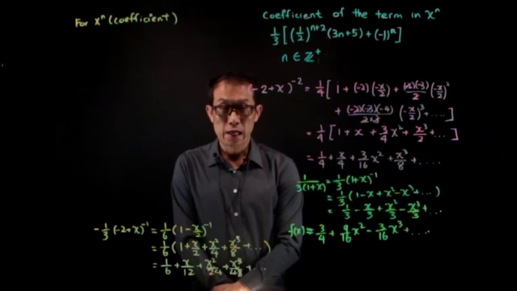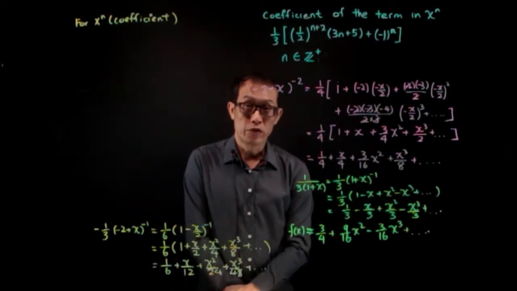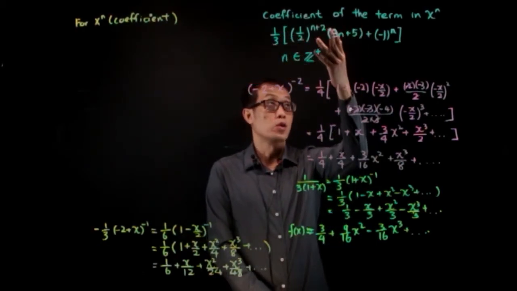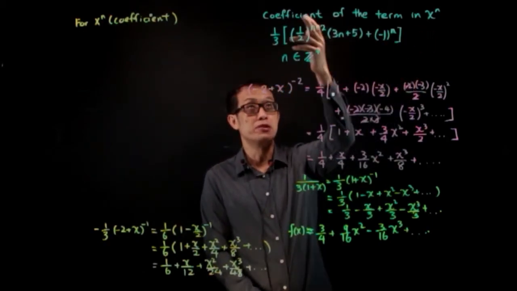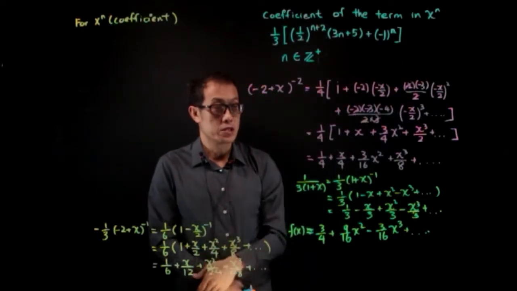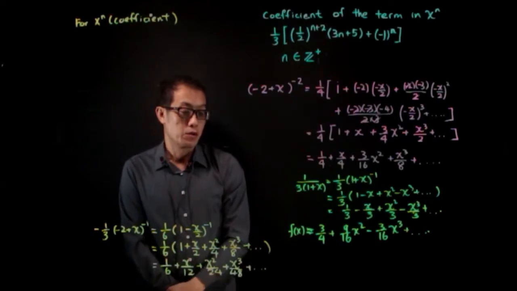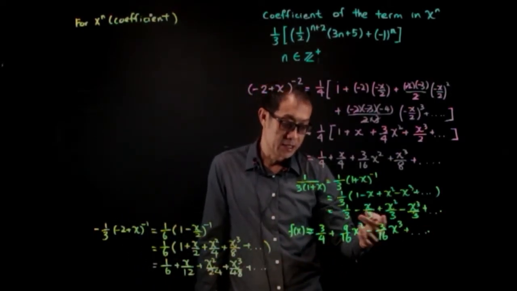We have come to the last part of question 2. For the last part of question 2, you are asked to show that the coefficient of the term in x to the power of n can be written in this form, where n is a positive integer. Now your expression of f of x is as such.